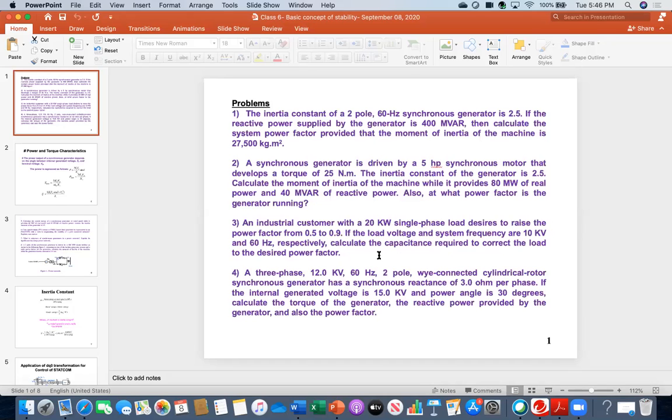You all know that a capacitor can improve the power factor. So the question is, what should be the capacitance value in farad or microfarad?